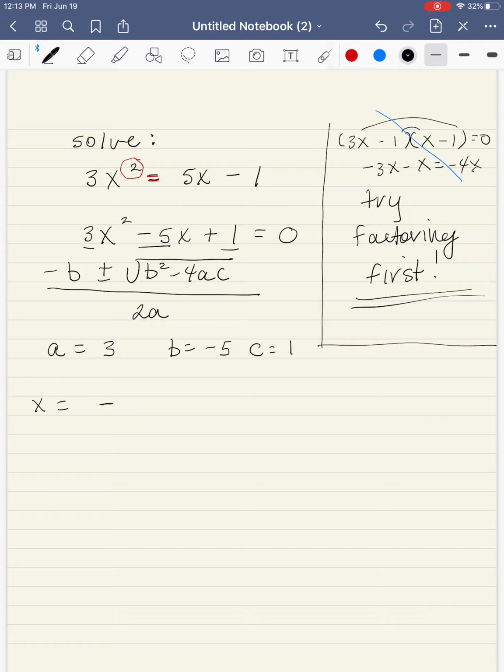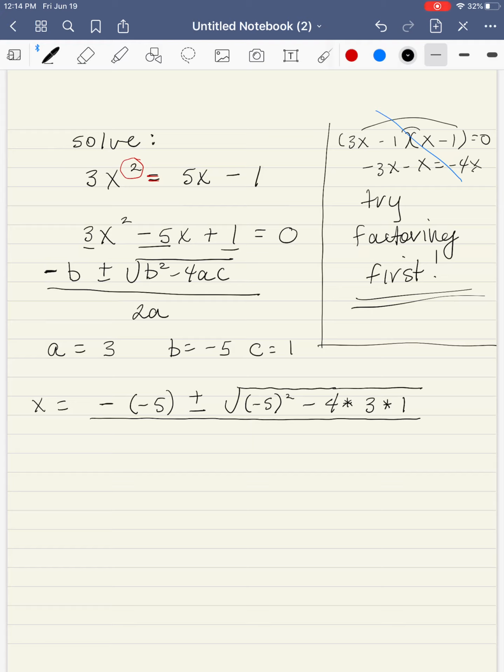All right, so we see that x is going to be equal to a negative, and that's this negative here, times -5. Because b is -5, we have two negatives there. Then our plus minus, then our square root, and then our -5 squared minus 4 times a times c.